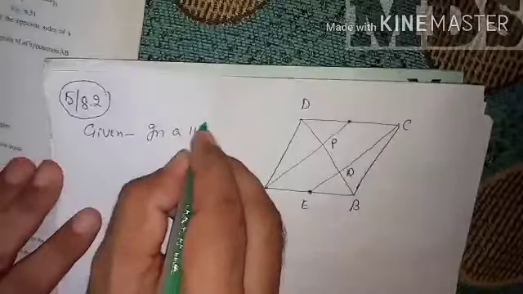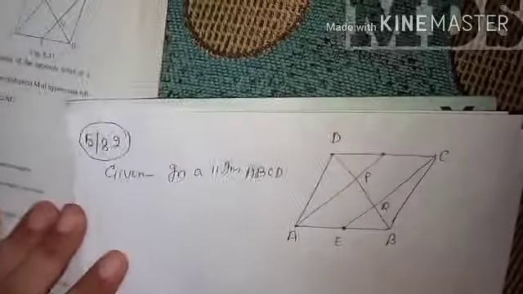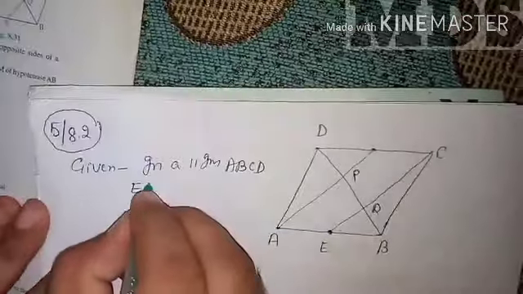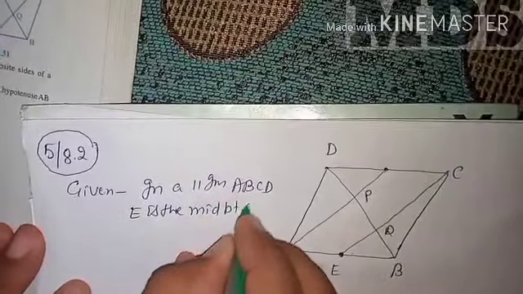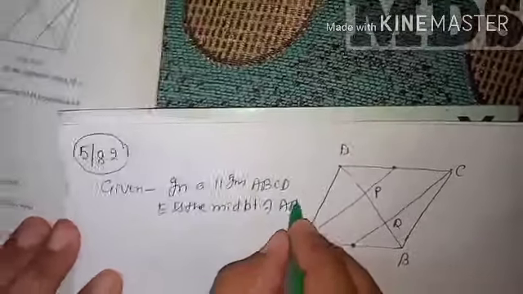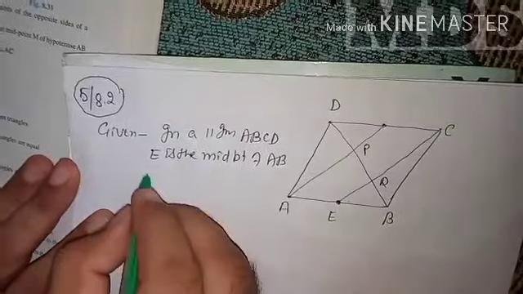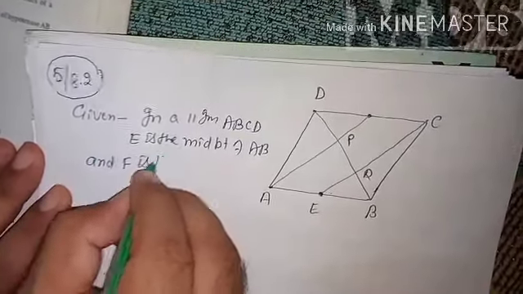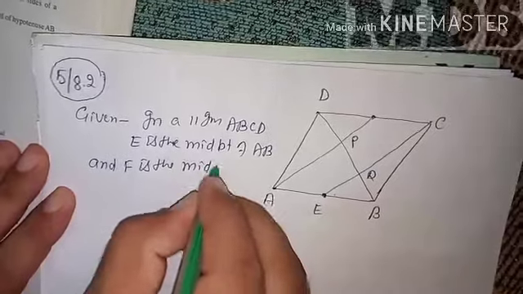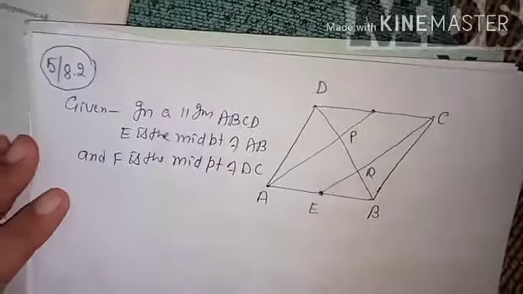In a parallelogram ABCD, E is the midpoint of AB and F is the midpoint of DC. Understood?